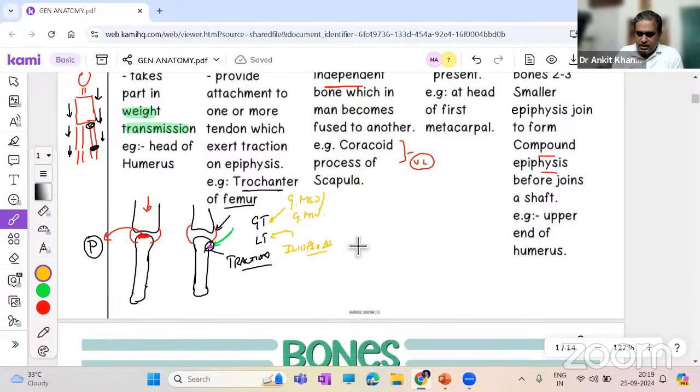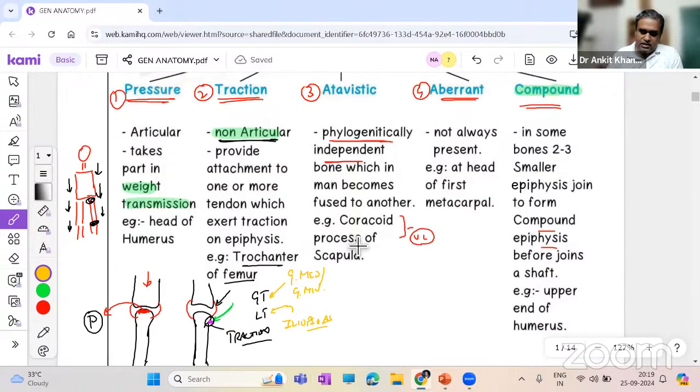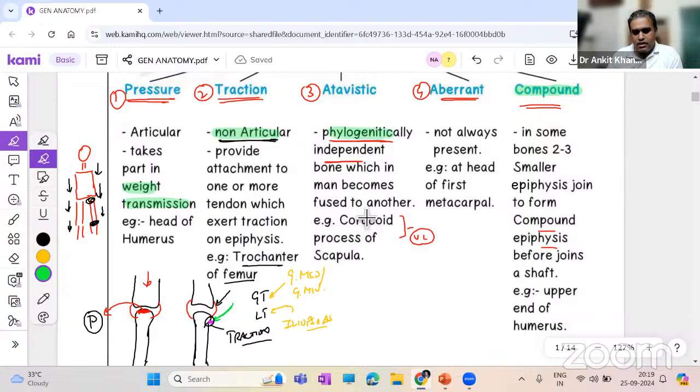I hope you're understanding the meaning of it. Then we have atavistic, which I told you is phylogenetically independent. In lower animals, it is a separate bone, but in humans it has become fused to the bone, for example as part of the scapula.